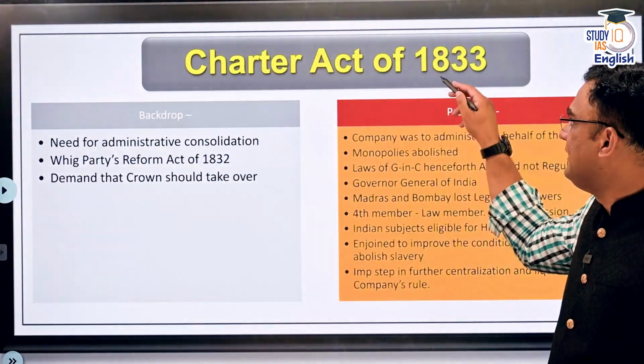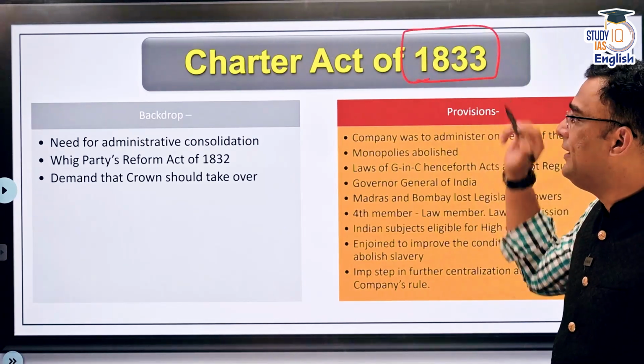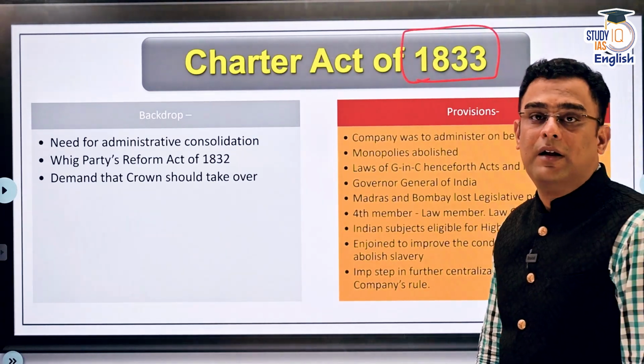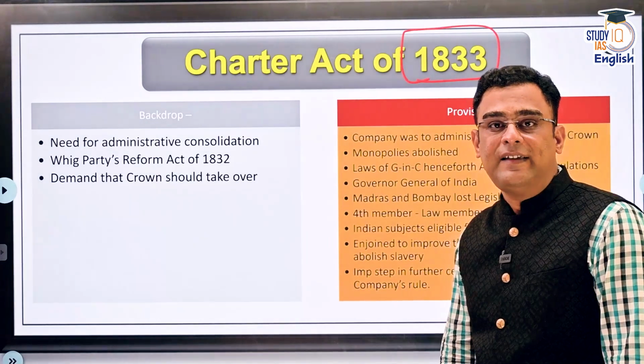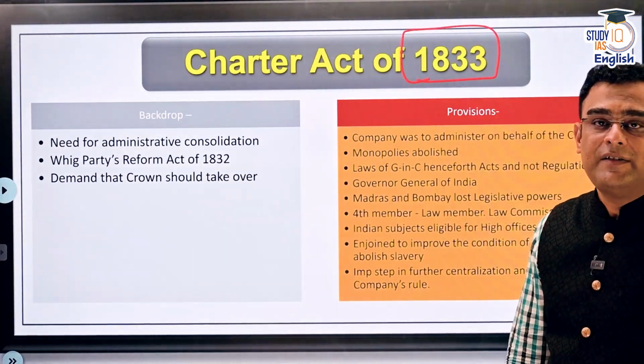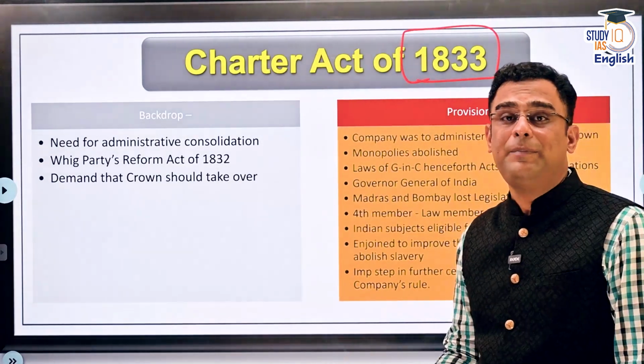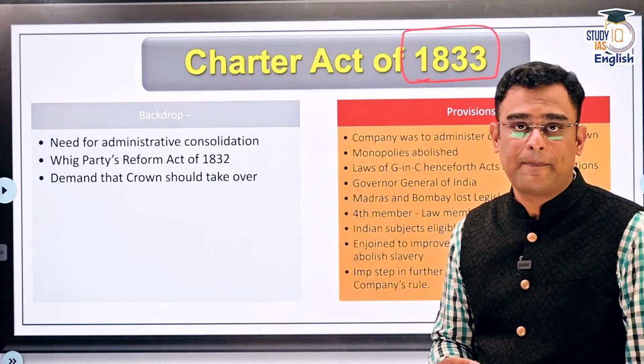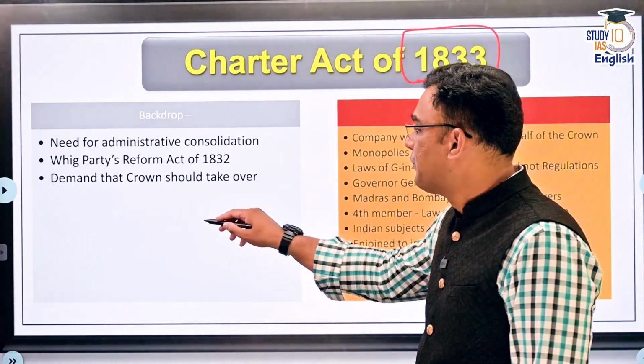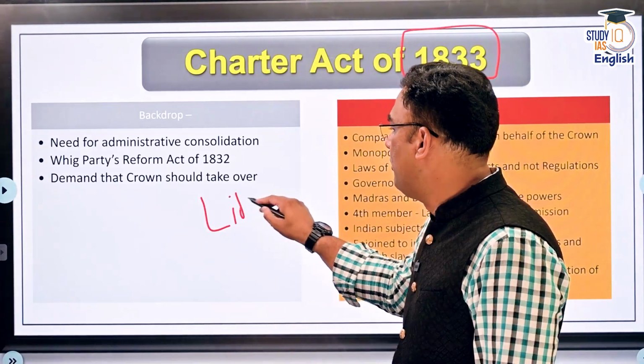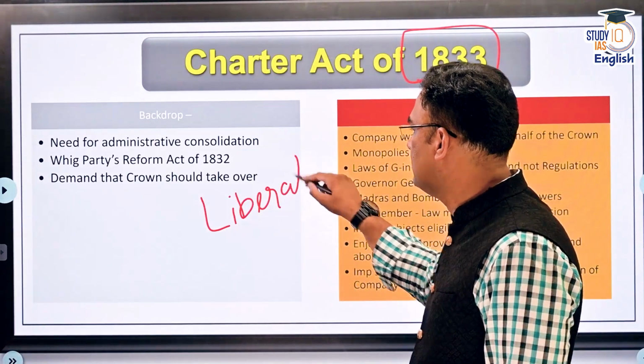Now let's take the next act, Charter Act of 1833. The decade of 1820s and the early part of 1830s is a very remarkable period in the history of Britain. In this period, we see the idea of liberalism.